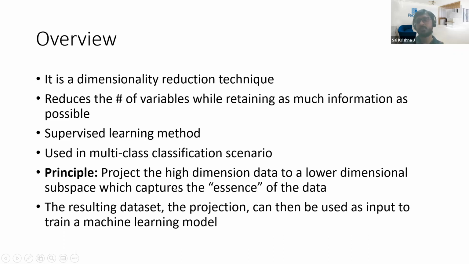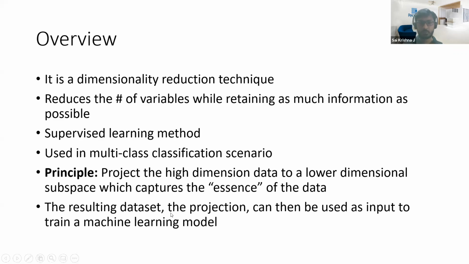It transforms all the variables that you have. For example, if your data set has 100 independent variables, it applies a transformation on those 100 variables and reduces them into, let's say, some 20 or 30 independent variables, which capture the essence of all those variables.